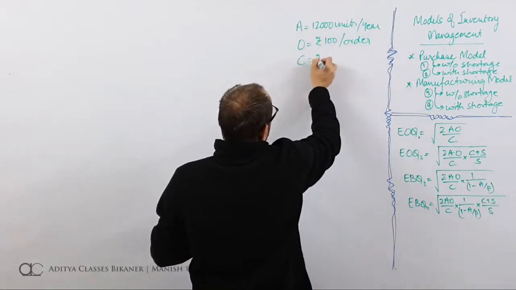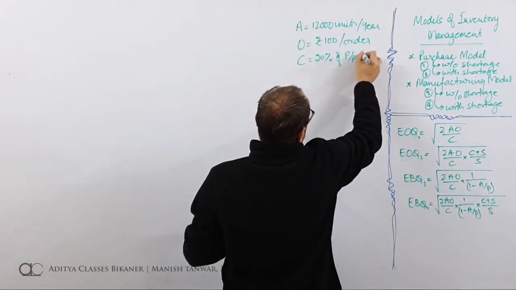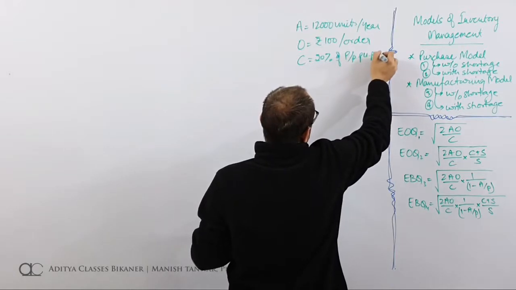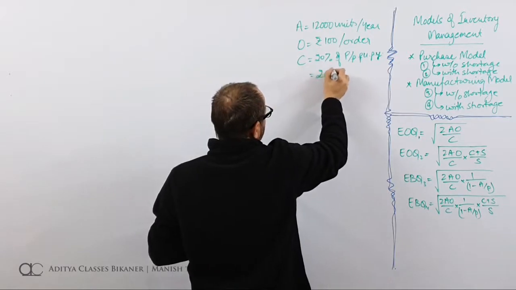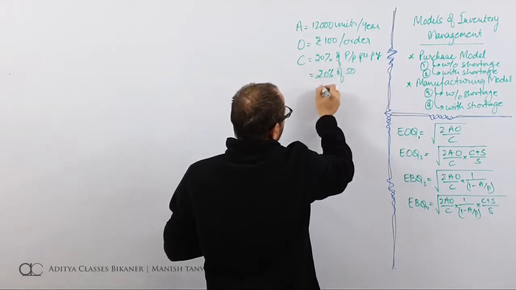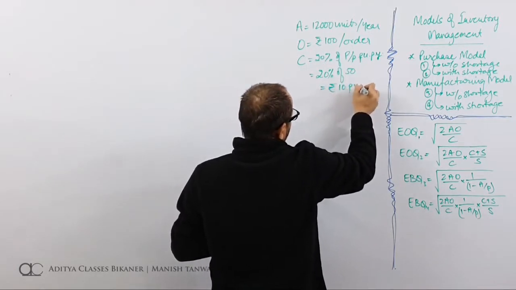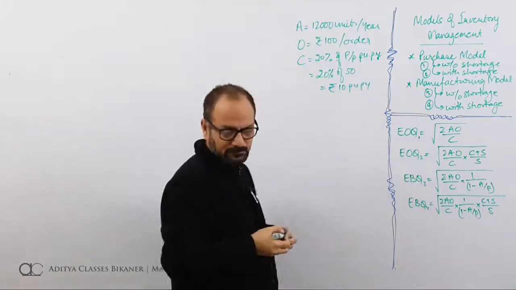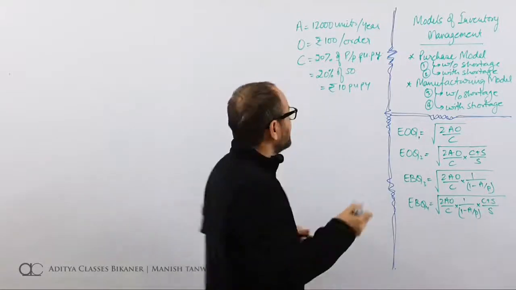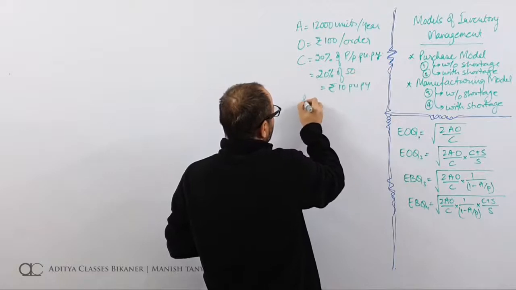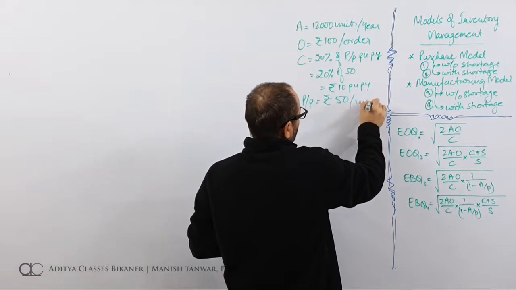Then carrying cost is 20% of purchase price per unit per year, making it 20% of 50, making it rupees 10 per unit per year. So we have A, O and C. Then there is purchase price also, which we made use of over here. Purchase price is rupees 50 per unit.